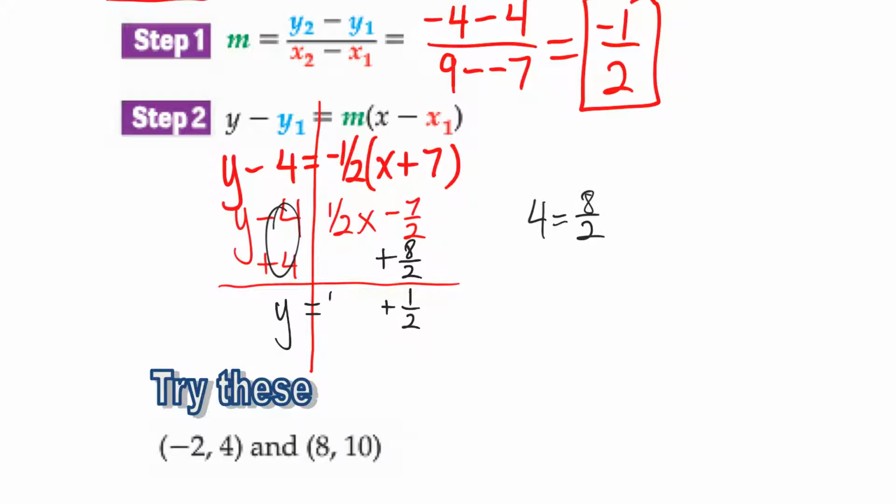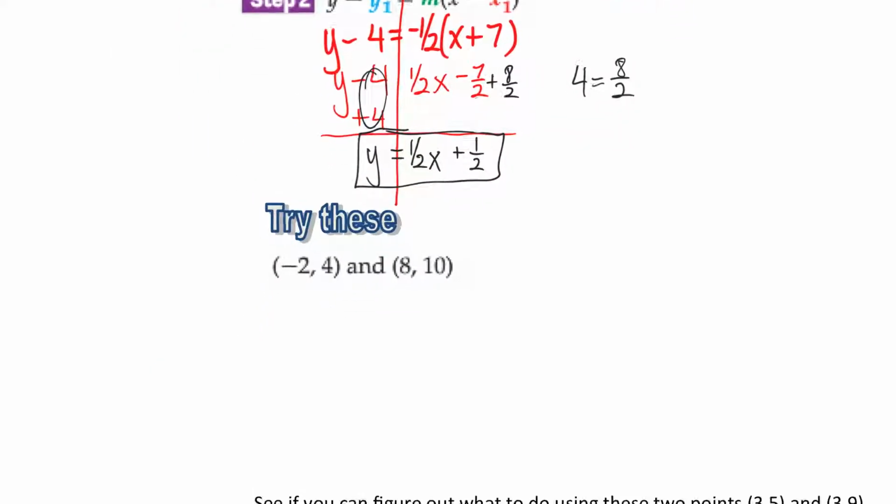So we did all that just to get a positive 1/2. Or I could have written it out here to the side, which may make more sense: negative 7 halves plus 8 halves gives you just a positive 1/2.